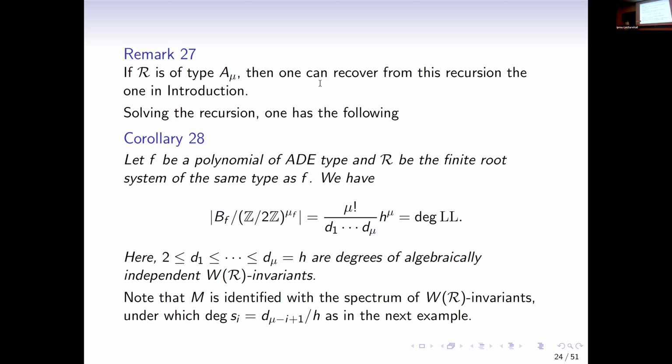And of course, the point is that this was the parameter space of the universal unfolding, and it is nothing but the space of the Weyl group invariants. Okay?